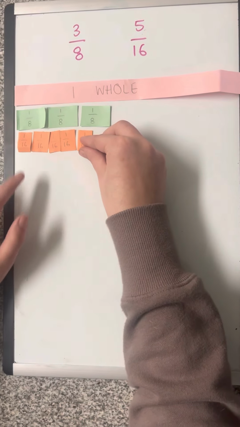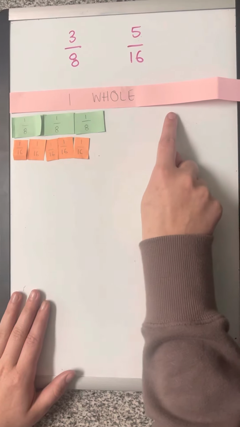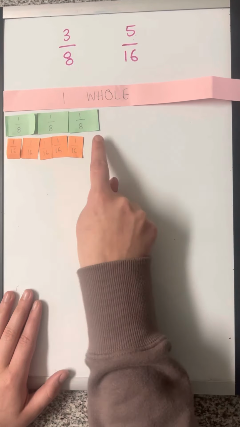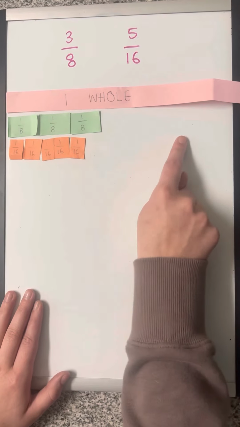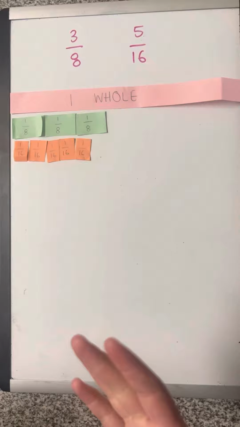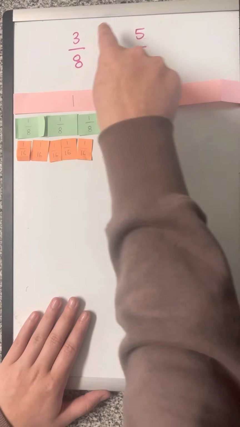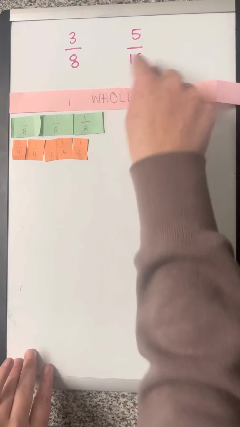If we squeeze these together, already comparatively, we can see that our 3/8 pieces are closer to a whole than our 1/16 pieces. It's an easy misconception to see that 5 is larger than 3 and 16 is larger than 8 and think this is larger for sure.